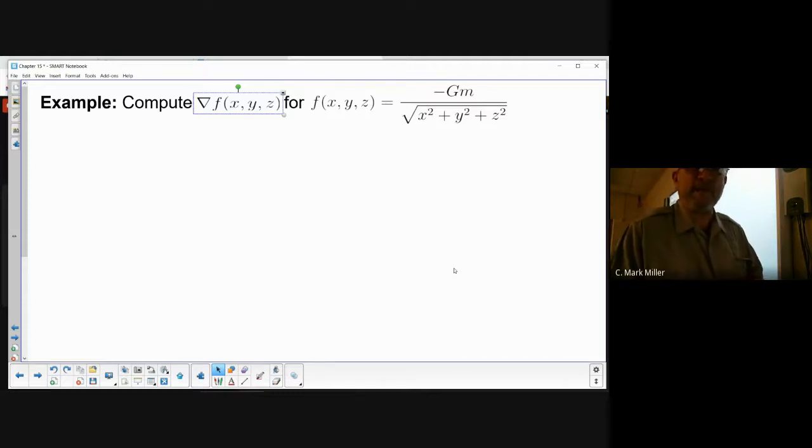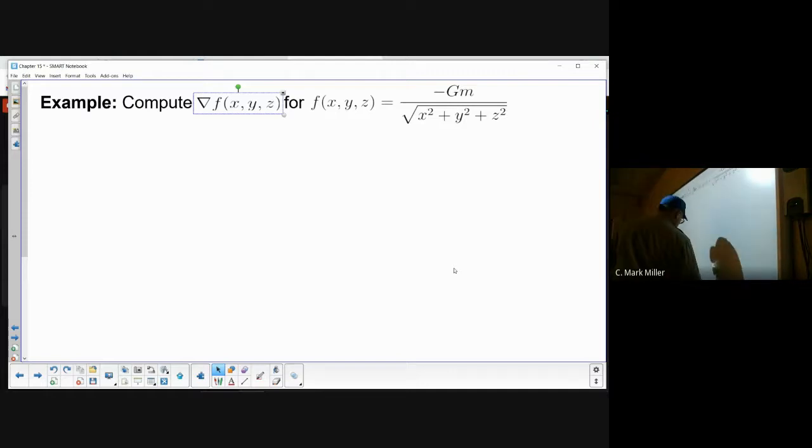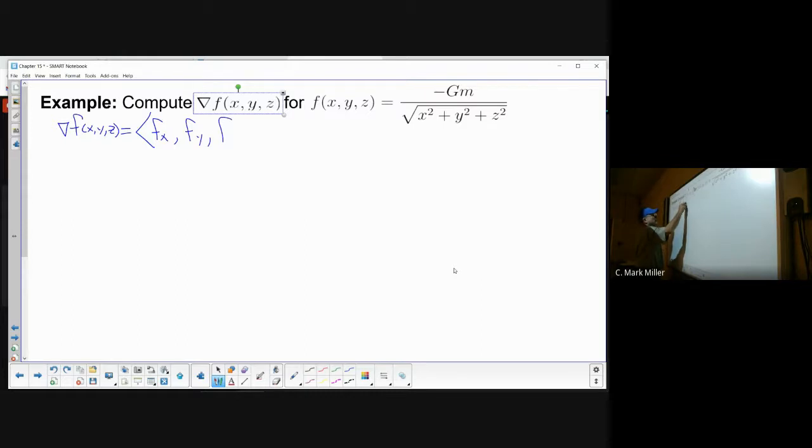That's the gradient of a function is a vector, you remember? Okay. Remember the gradient of f of x, y, z is fx, it's a vector, fy, fz.